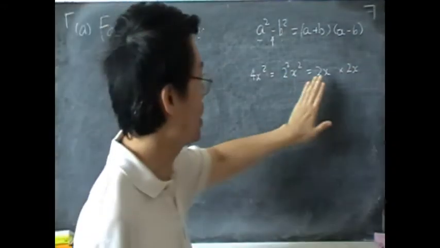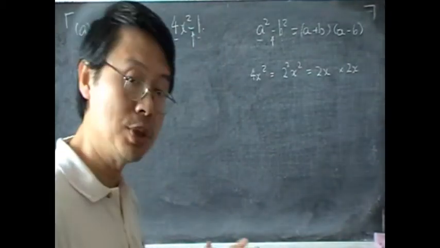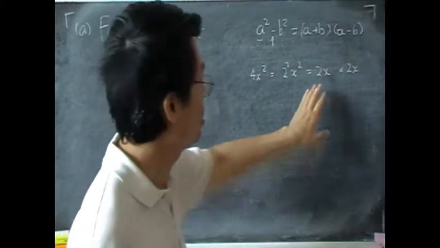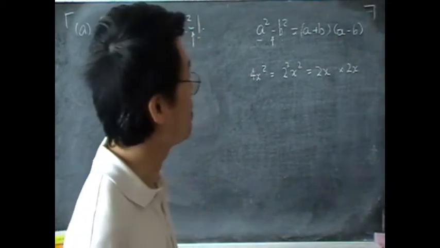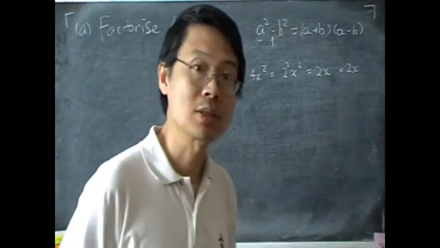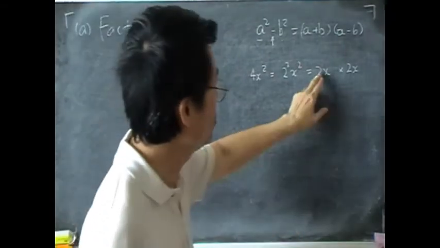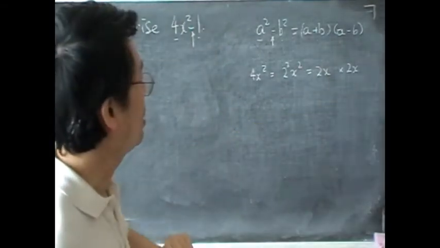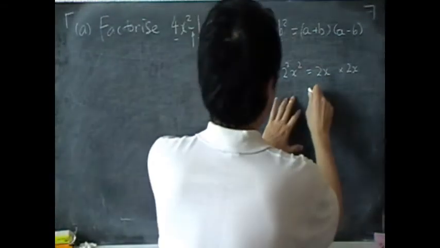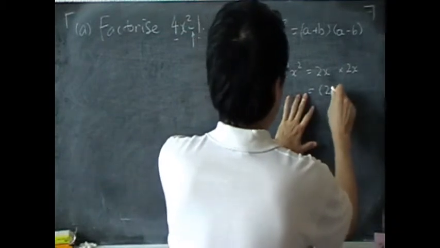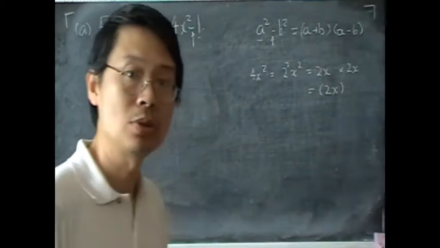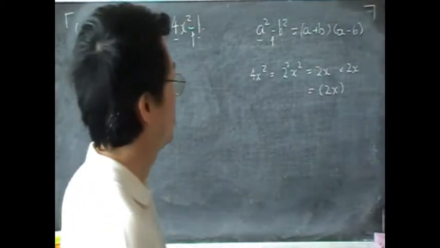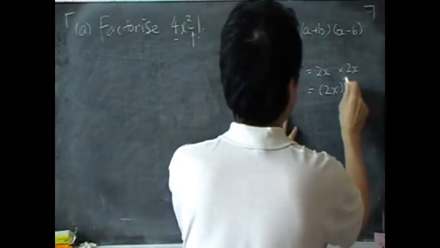Right? You can separate that into the two factors. And the reason why I want to separate it into these two factors is because those two factors are the same. This is 2x, that's 2x. And the reason why I want two factors that are the same is because then I can write that as the whole of 2x squared.